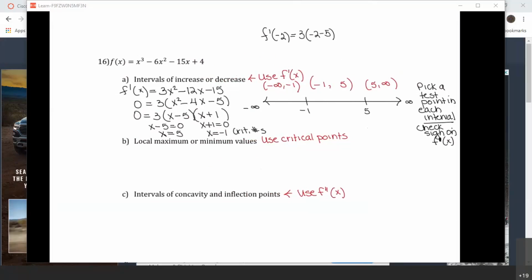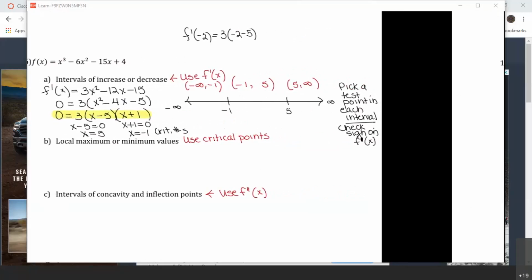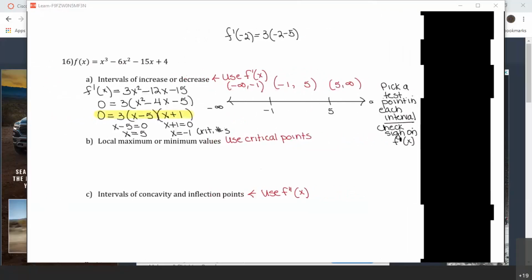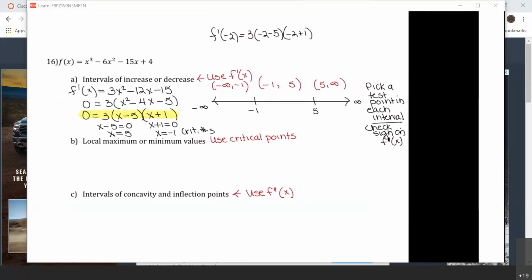I'm using this over here, and then my other factor is x plus 1. I'm just looking at signs. I have positive, negative, negative. That means in that interval, the derivative is positive, because when you multiply 2 negatives and a positive, you get a positive.